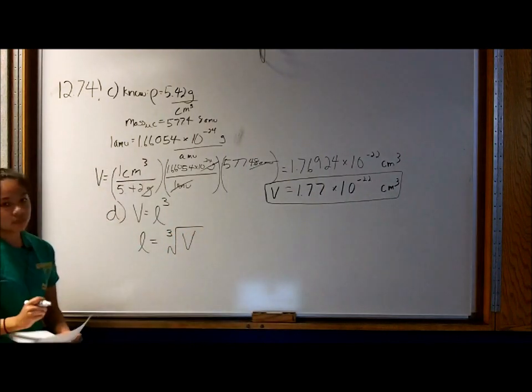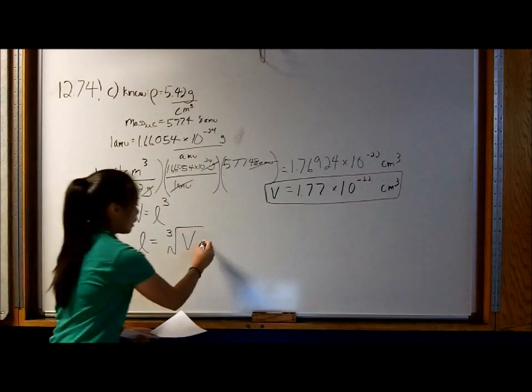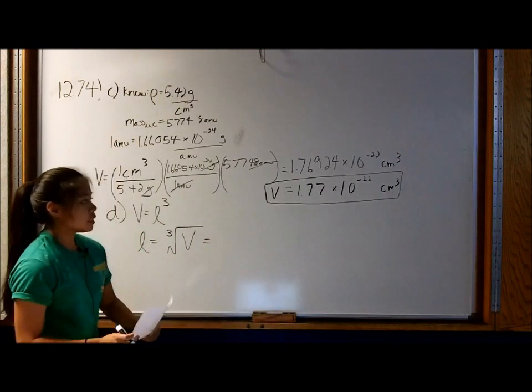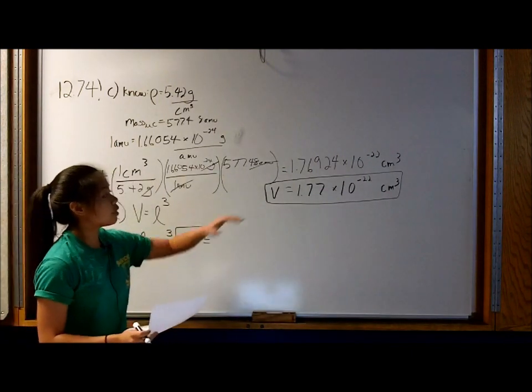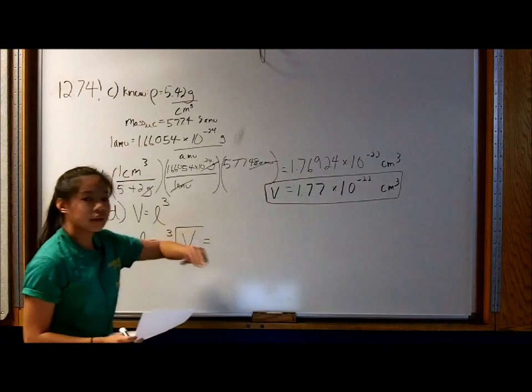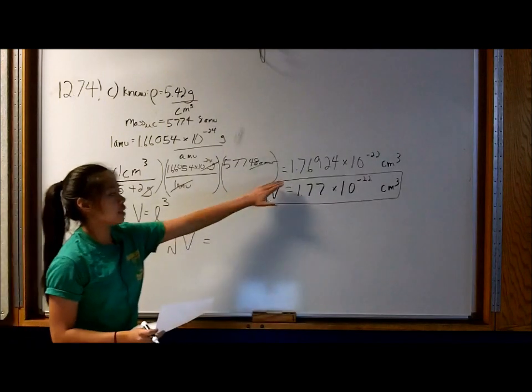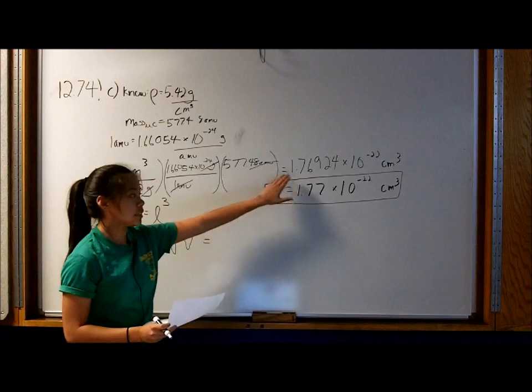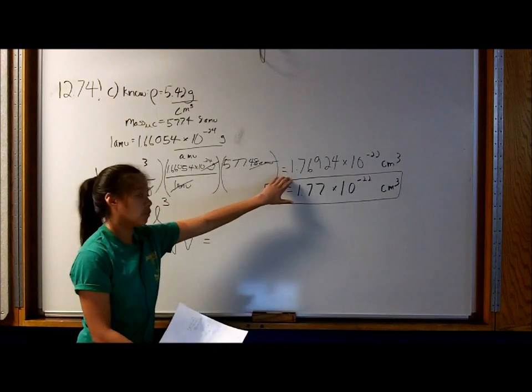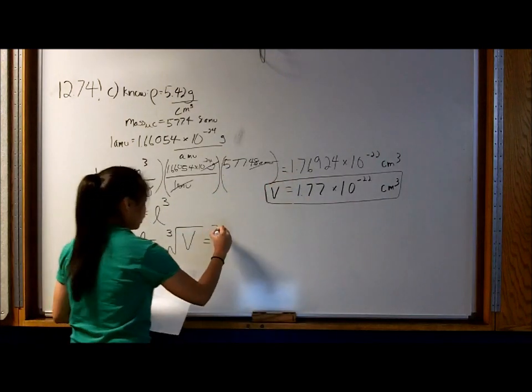Now you want to cube root the value you found here. And we're going to use a more exact number, the number up here instead of this number, because it is a lot more exact for us. So now I'm just going to plug it in.